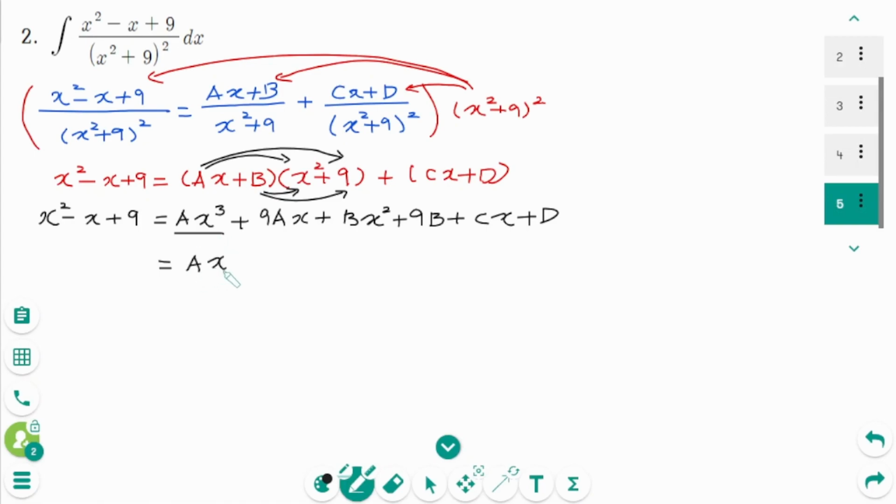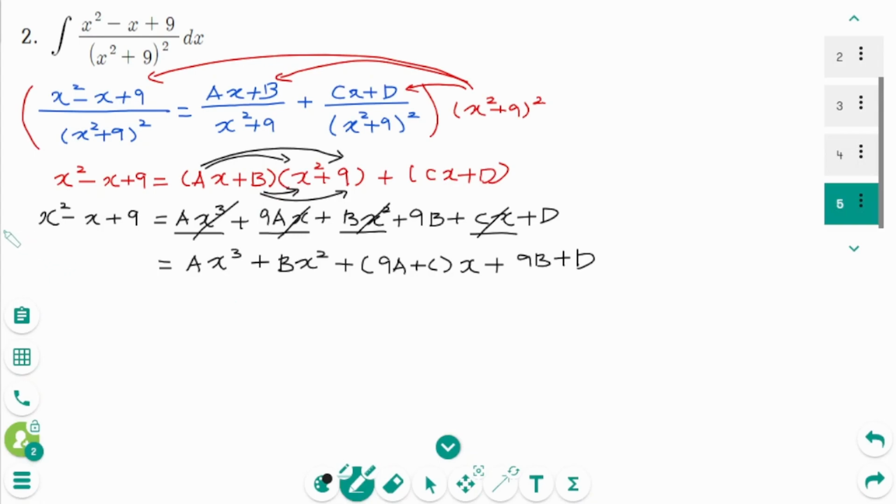This is ax cubed, then bx squared, then 9ax plus cx, which you can rewrite as 9a plus c times x, then 9b plus d. Now we can equate the coefficients of the like terms on opposite sides of the equation.